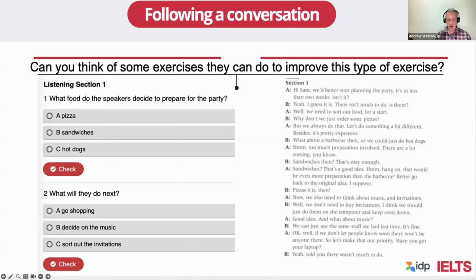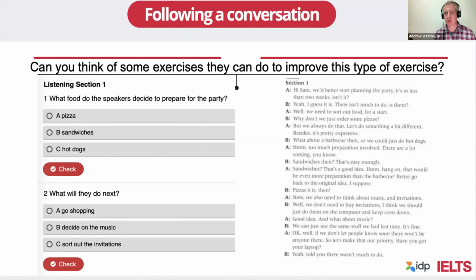Yeah. So if students are aware that suggestions are being made and these suggestions may be accepted or rejected, well, that will help them with this type of activity, won't it?